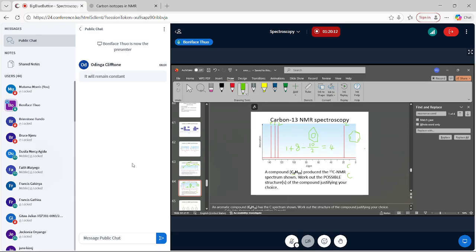So anytime you see a compound with 4 degrees of unsaturation, you are probably thinking of a benzene structure. So in essence, we have now accounted for the 4 degrees of unsaturation by having a ring structure. We have accounted for the 6 aromatic carbons and the 2 alkyl carbons.